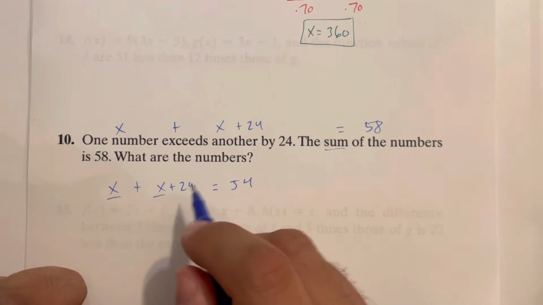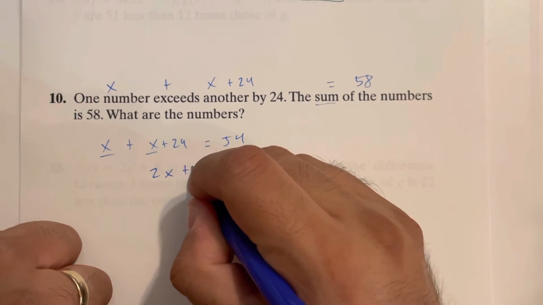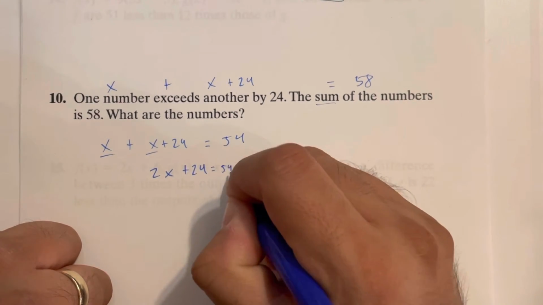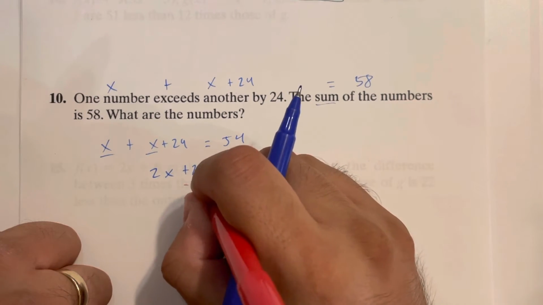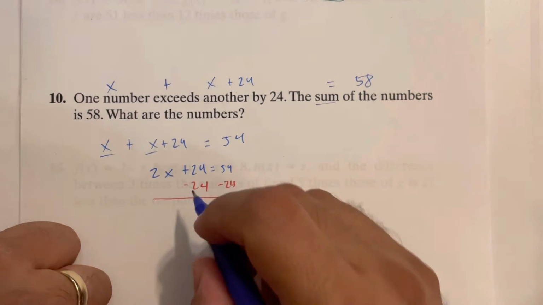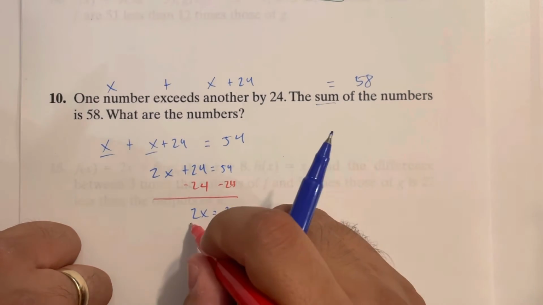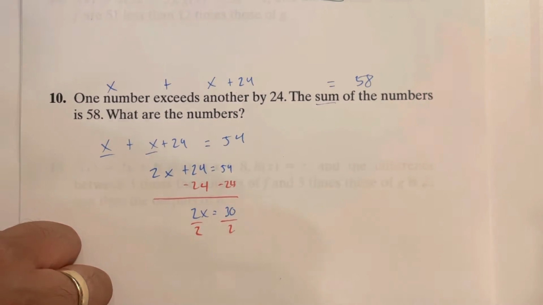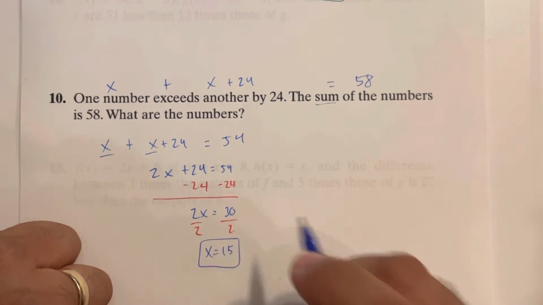So 1x plus 1x is 2x plus 24 is equal to 58. Let's go ahead and subtract this 24 over. So 2x is equal to 30, divided by 2, and we get that x is equal to 15.